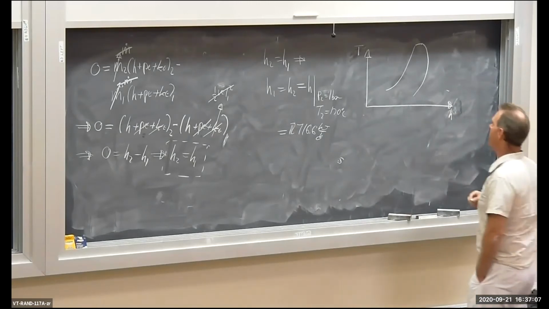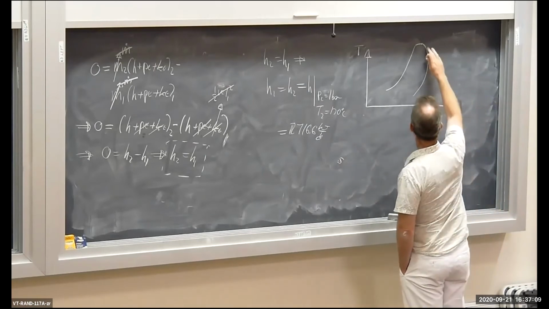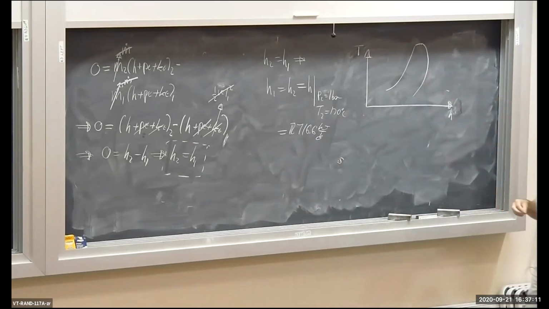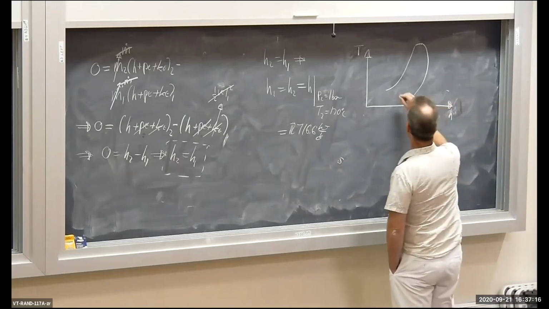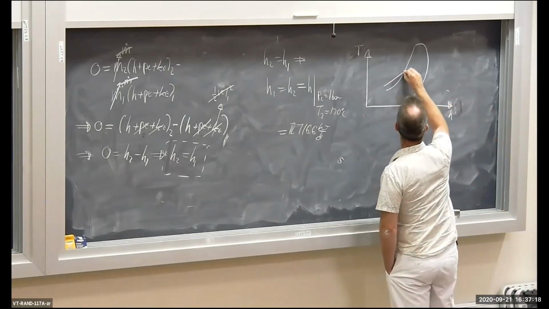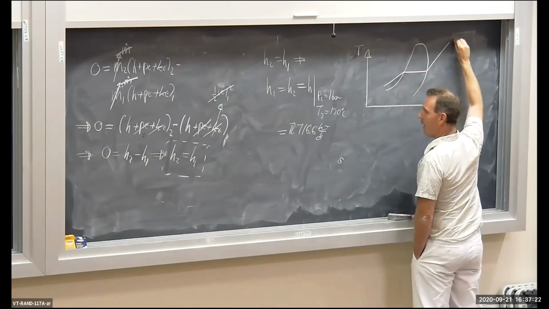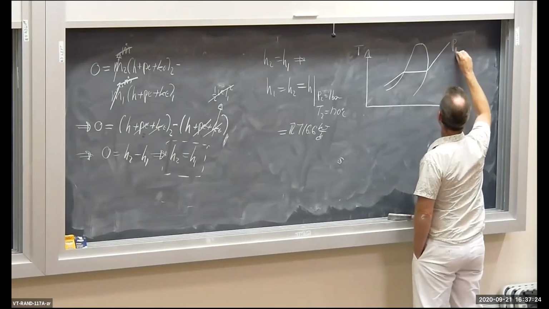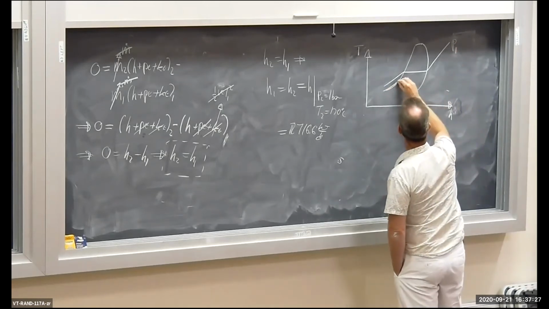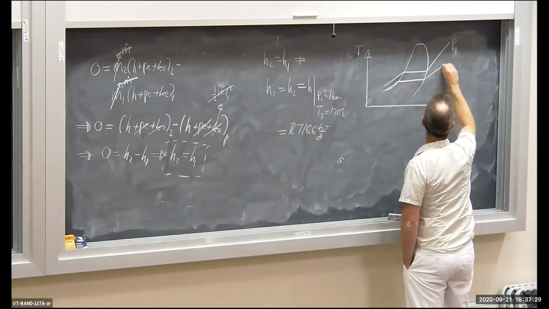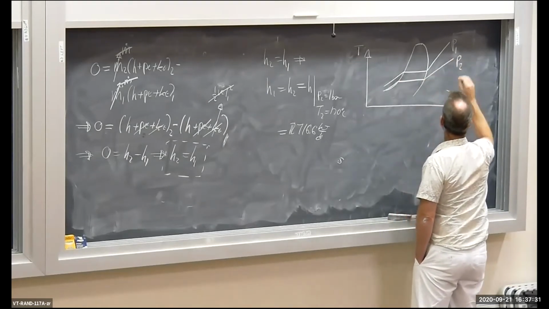So it looks something like this. This part here is a little bit different than the TV plot, okay? Now the isobars look the same. So here's our high pressure inlet, P1, and here is our low pressure outlet, P2, okay?